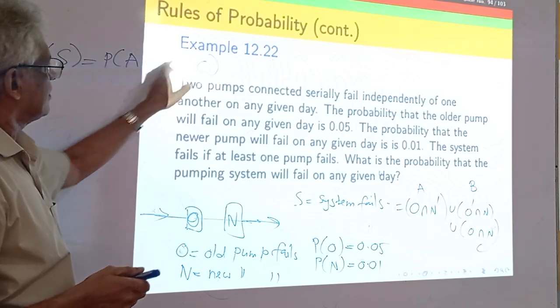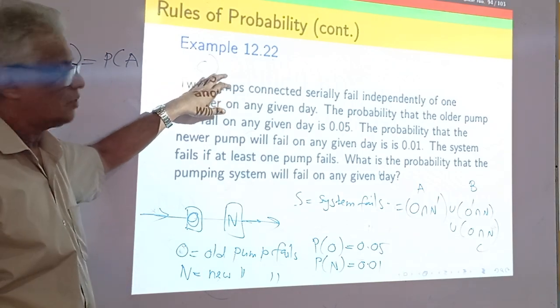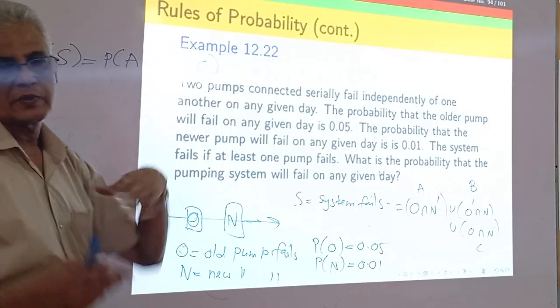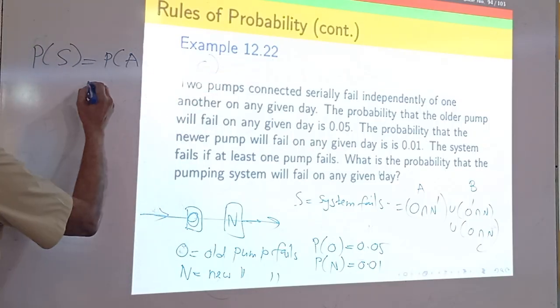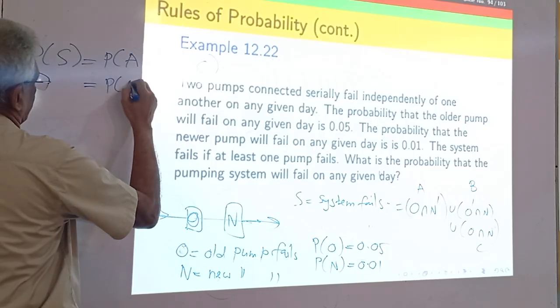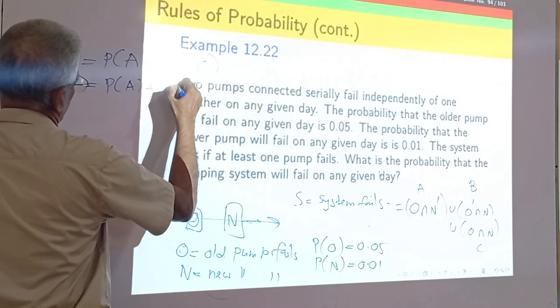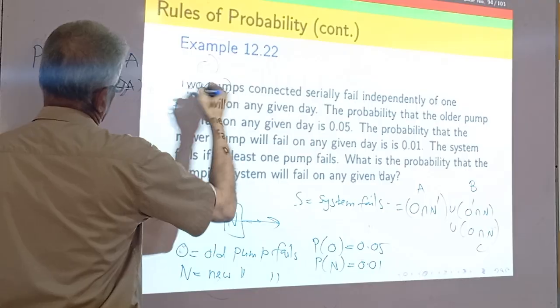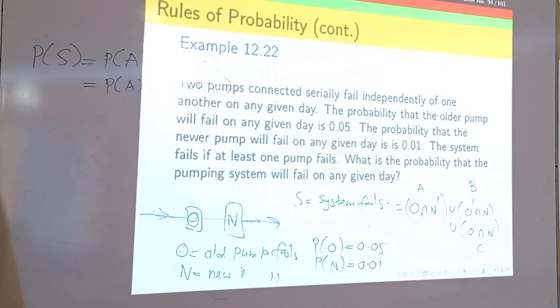If A happens, these two don't happen at the same time. If B happens, then these two don't happen at the same time. So therefore, according to the probability laws, this should be equal to the probability of A plus the probability of B plus the probability of C. The special case of the addition rule.